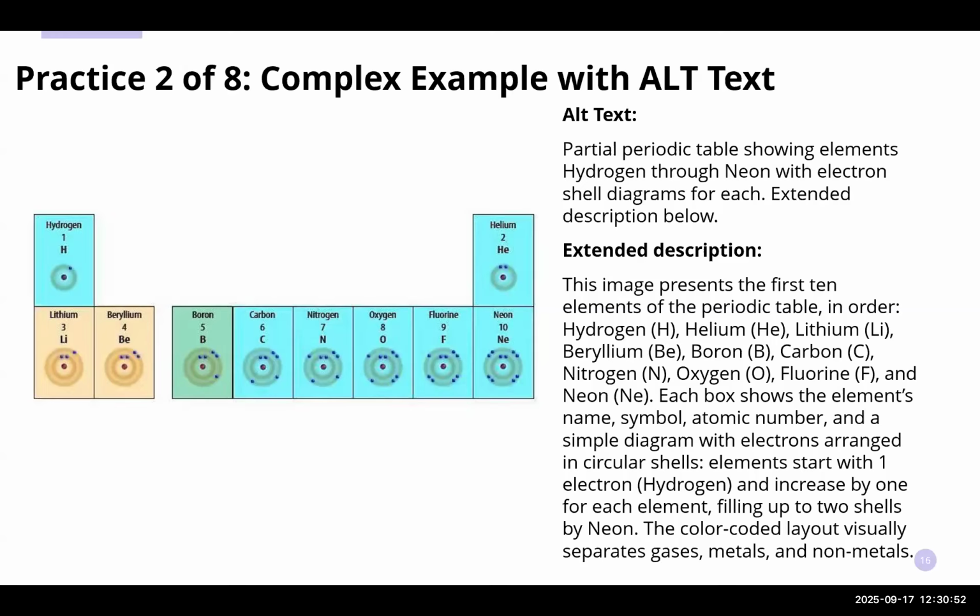As I mentioned earlier, since this image contains a lot of detailed information, like element names, symbols, atomic numbers, electronic configurations, it cannot be included at once in the alt text, and that is where the extended description provided on the slide comes in. Through this extended description, screen reader users will get the full learning content without overwhelming the alt text at all.